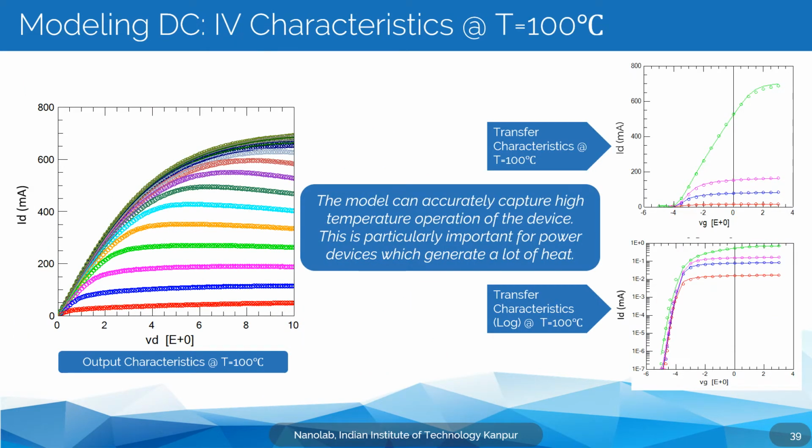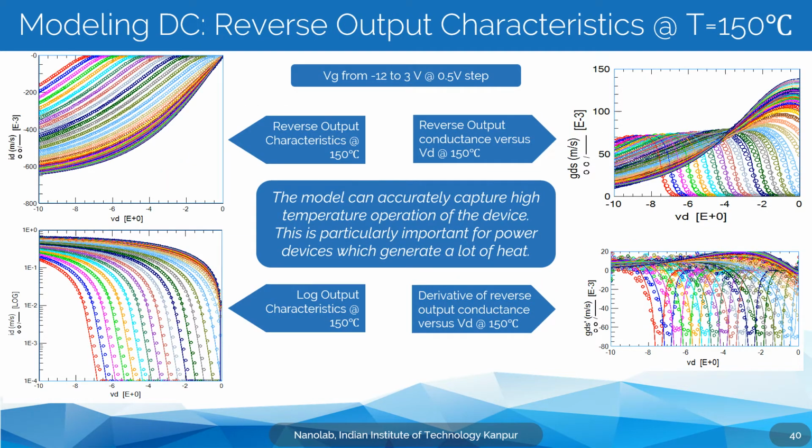Now this is at a very high temperature. As you can see, the model is very accurately able to capture the characteristics at even 100 degrees Celsius. And again, the transfer characteristics and the output characteristics just match perfectly with the measured results. The next slide is about even higher.